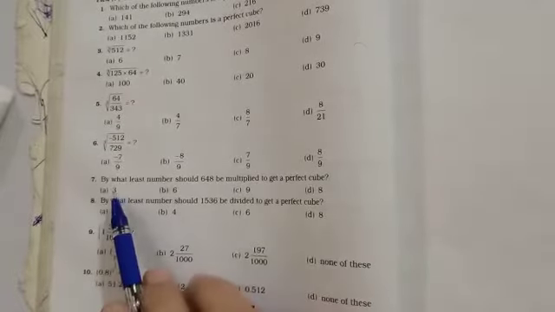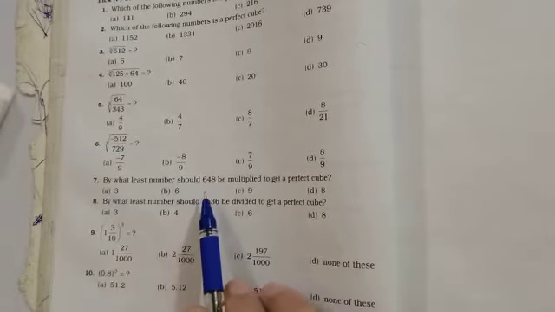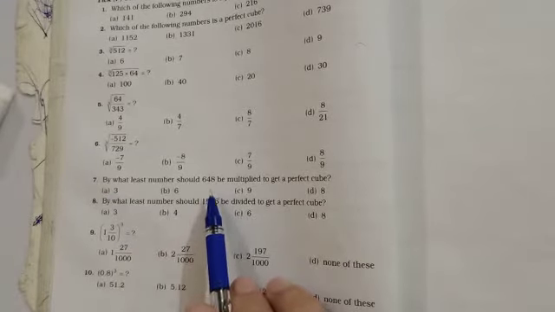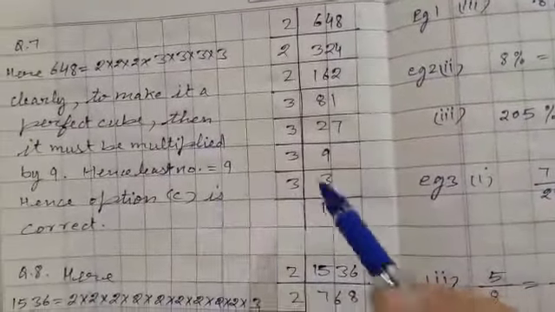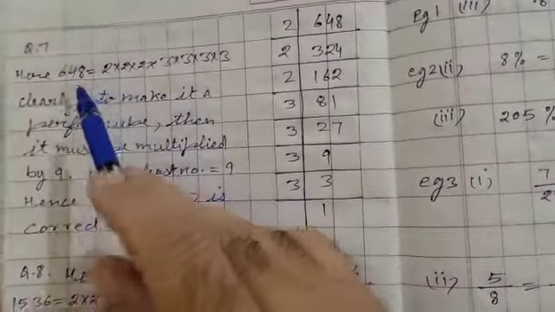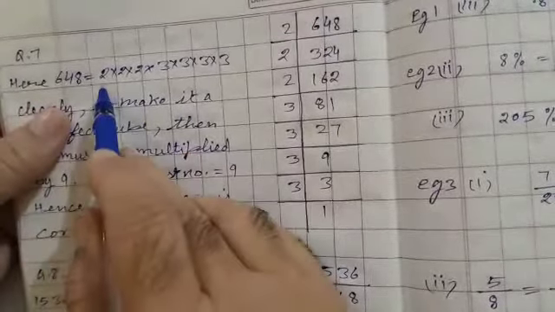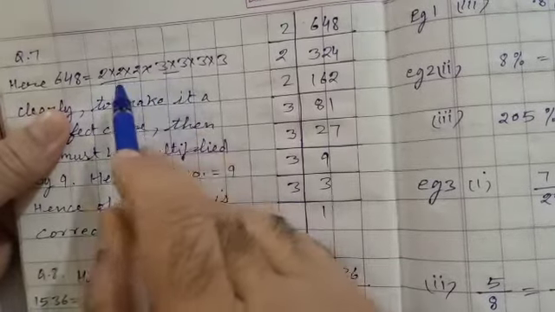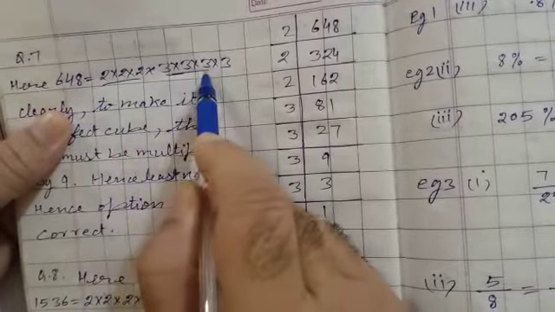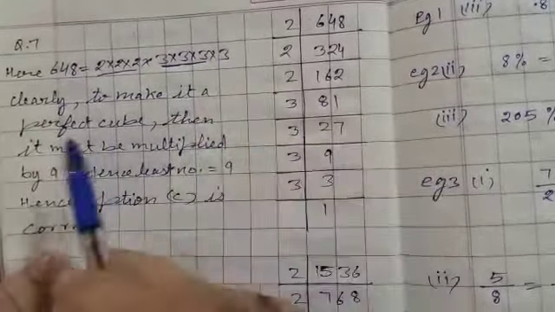Now we discuss question number 7 and 8. By what least number should 648 be multiplied to get a perfect cube? First we find the prime factor of 648. 2 forms a triplet, 3 forms a triplet, but one factor 3 does not form a triplet.